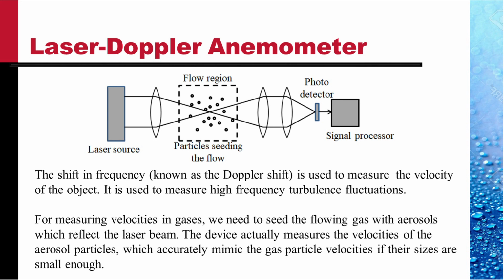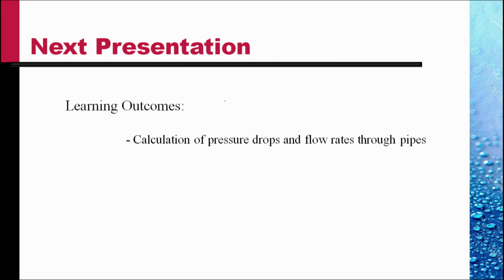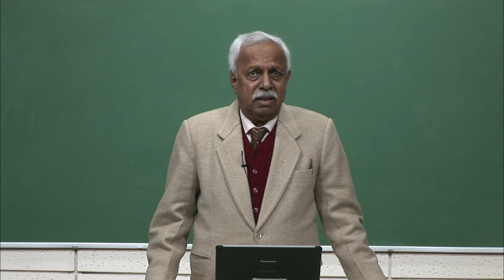So if we can electrically pick up the frequency shift, we can relate this to the velocity of the particles, which is related to the velocity of the flow, if the particle velocities are very small. Thank you very much.